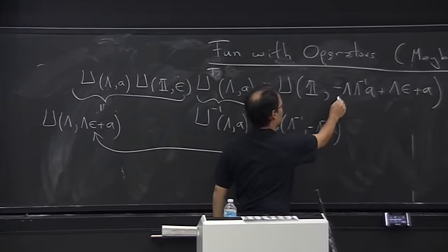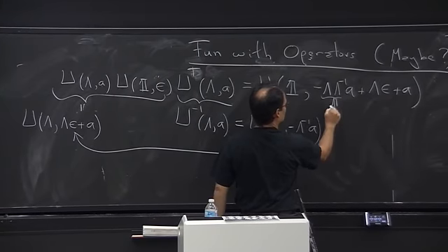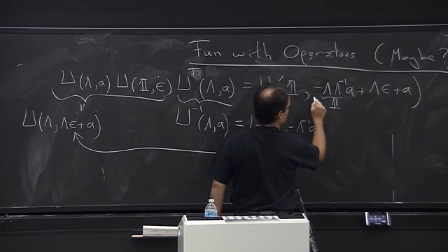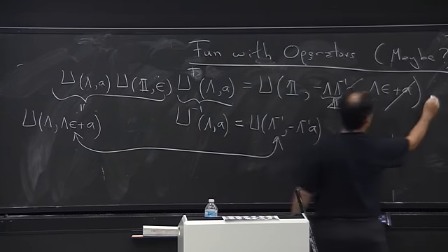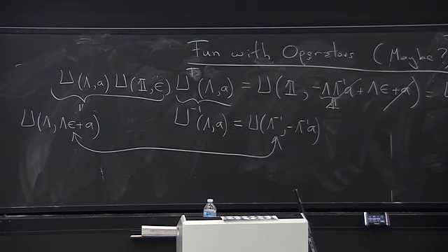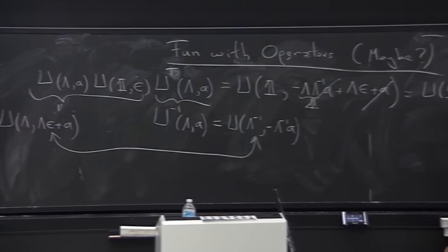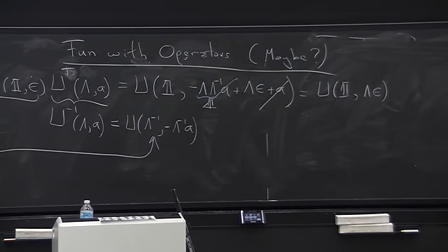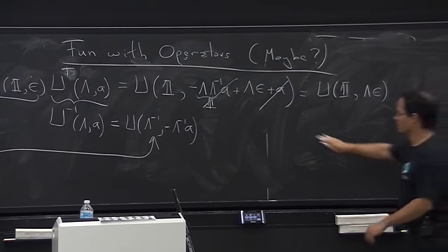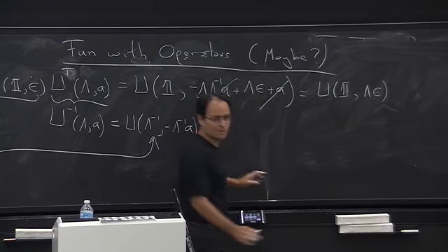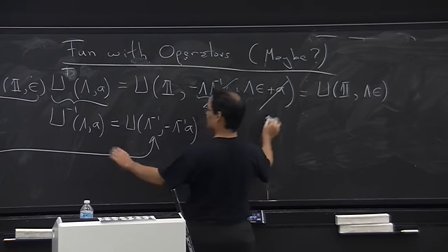Okay? Now this is the identity matrix, and this drops out with this, and we get U(I, lambda, epsilon). That's pretty good.